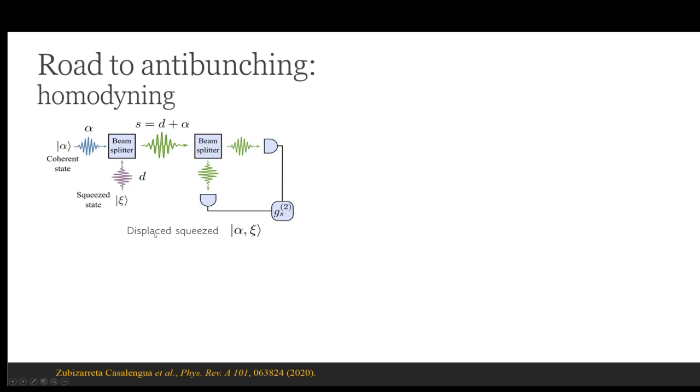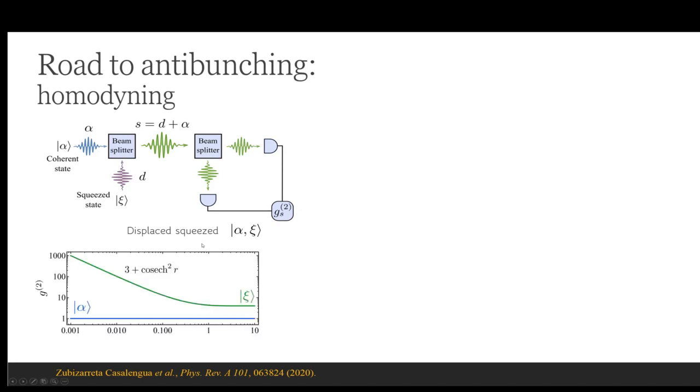Just to say, if we analyze the corresponding state not as a physical system but as a mere quantum state, the resulting state is a displaced squeezed state. Just to remind you, if we analyze the light outcome in the coherent or the squeezed state, the resulting G2 will always be equal to or greater than 1, so always bunched or coherent light.